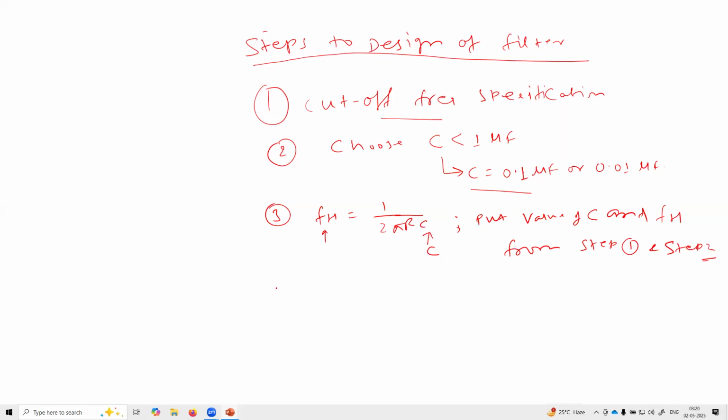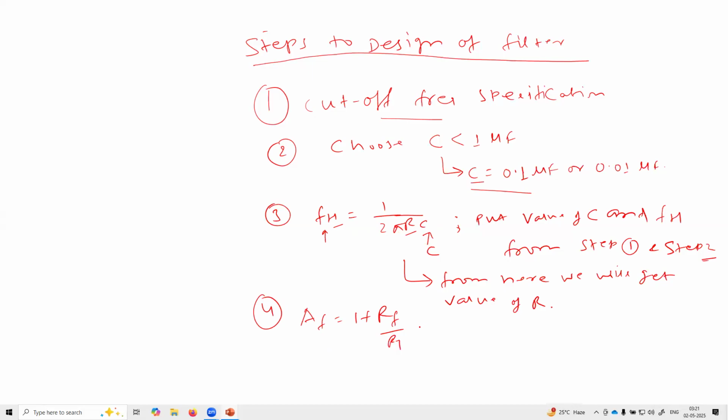Now from here we will get the value of R. So we have found C, FH, and R. Now we have two unknown values, R1 and RF. So step 4 will be: A is equal to 1 plus RF upon R1.